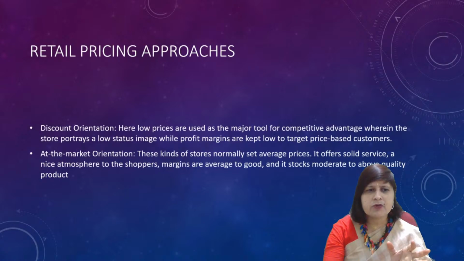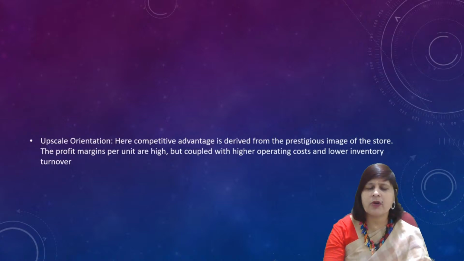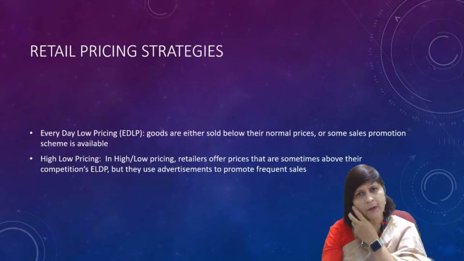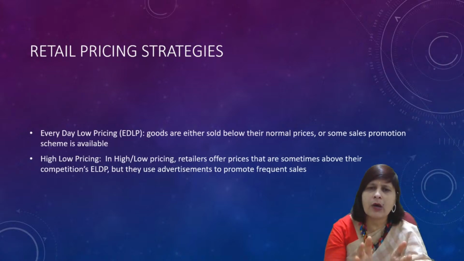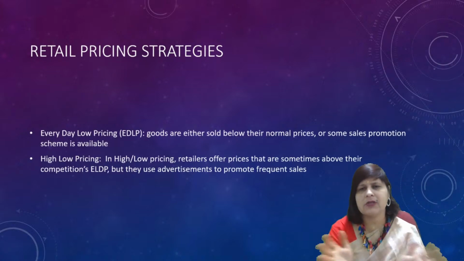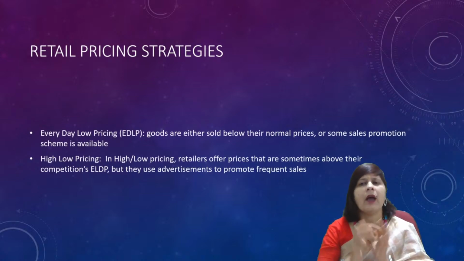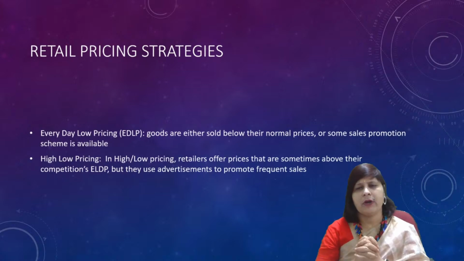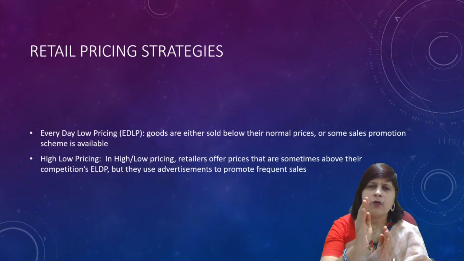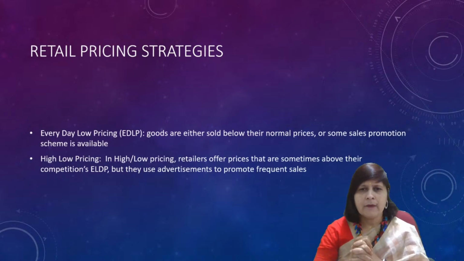So there are various approaches for retail pricing. That depends on what type of approach you are choosing, whether a discount orientation approach, an at market orientation approach or an upscale orientation approach. That depends on the retailer, what type of product, quality or services they are offering, and it also depends on the target customer whom you are targeting, right?